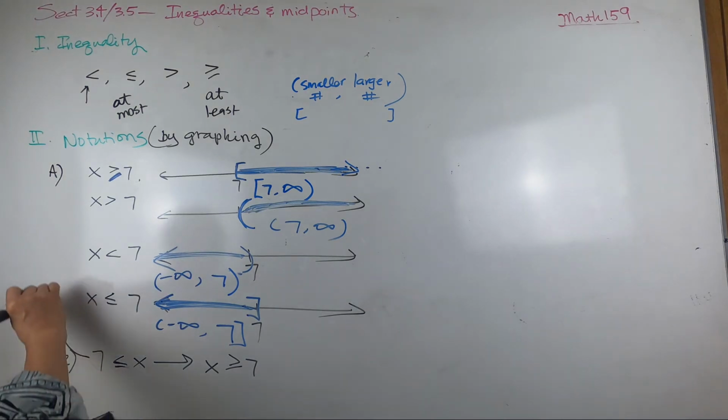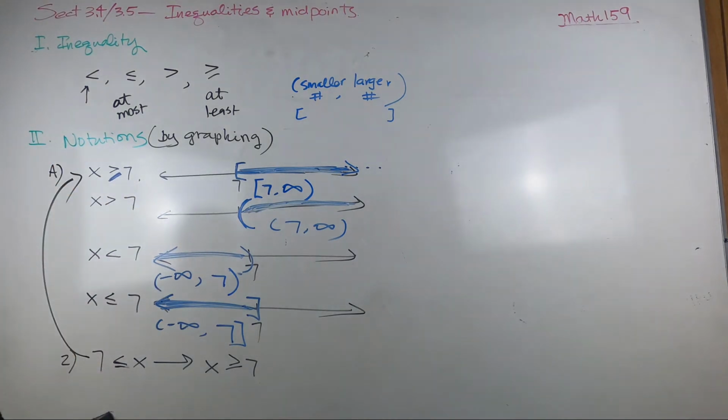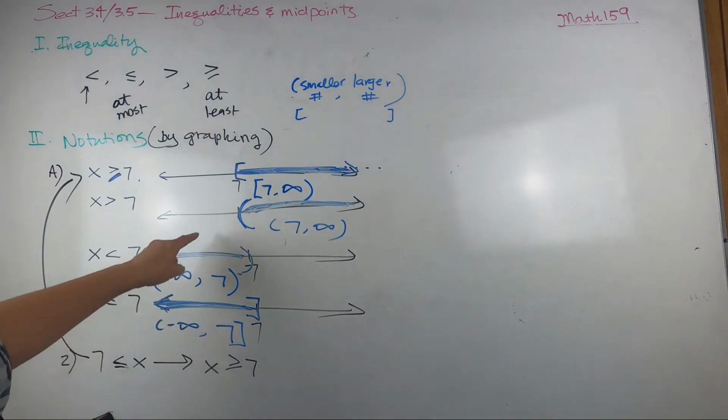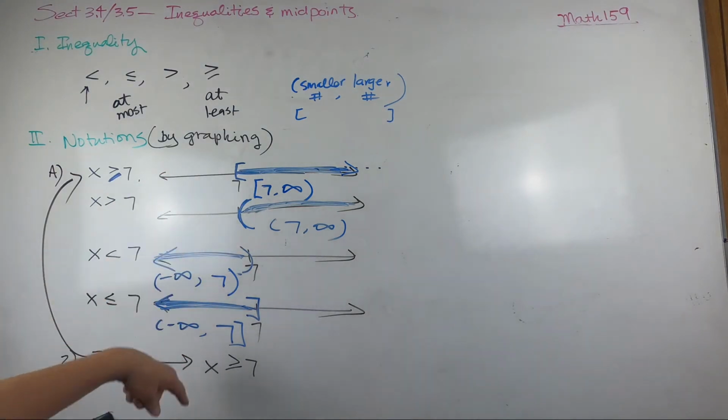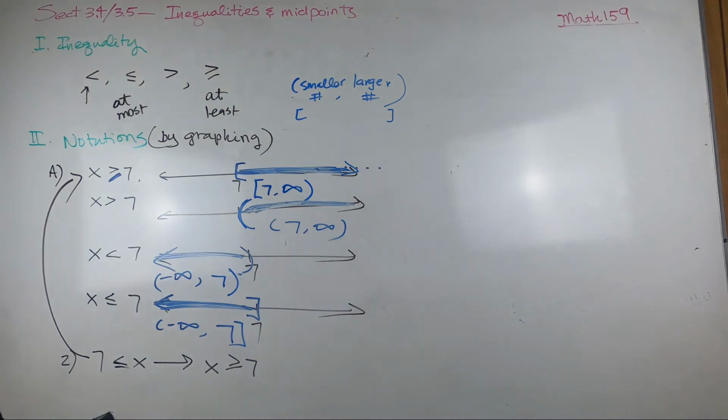So that would be this one. Usually you write the variable on the left-hand side and the number on the right-hand side, and if you use interval notation or graphs, you do it that way. That's how we use the symbol.